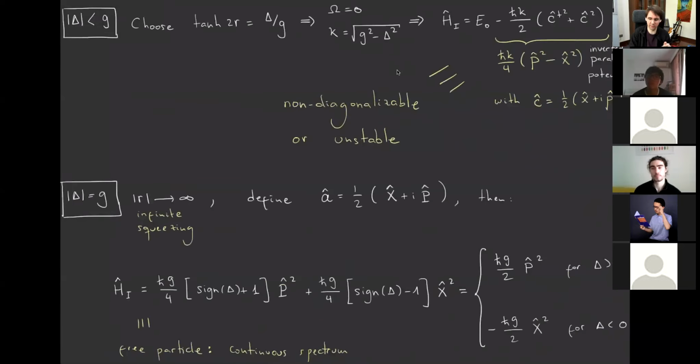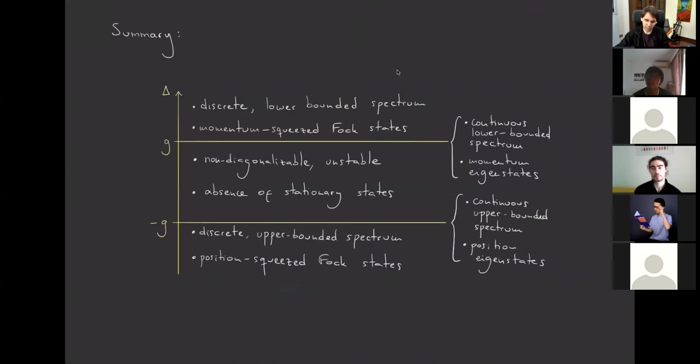That sets the limit in which the spectrum becomes continuous, still lower bounded, and now the eigenstates are not just momentum squeezed, but perfectly squeezed, which means that they are momentum eigenstates. So that's the spectrum for delta equal to G.